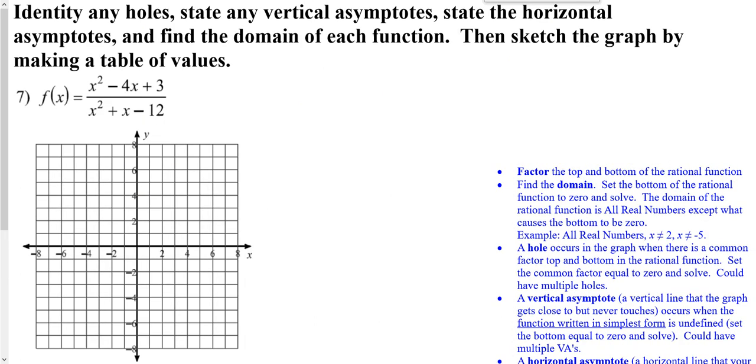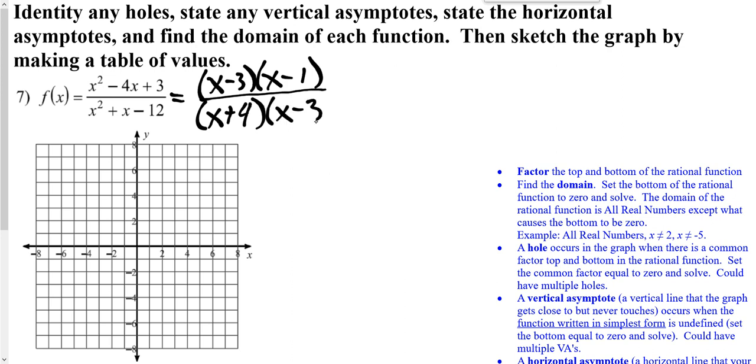So we're going to start out by factoring the top and factoring the bottom. Now I'll get an x minus 3 and an x minus 1. I'll get an x plus 4 and an x minus 3. Now your domain is all real numbers except what causes the bottom to be 0.